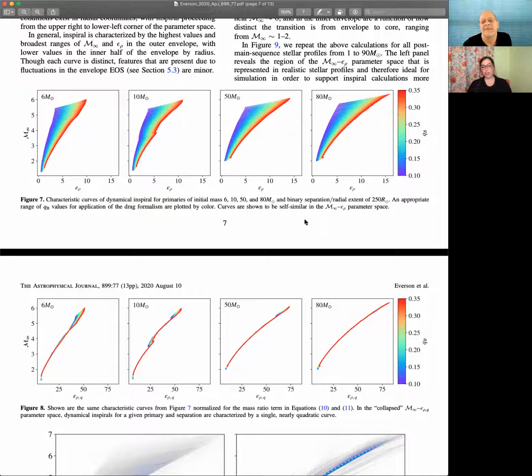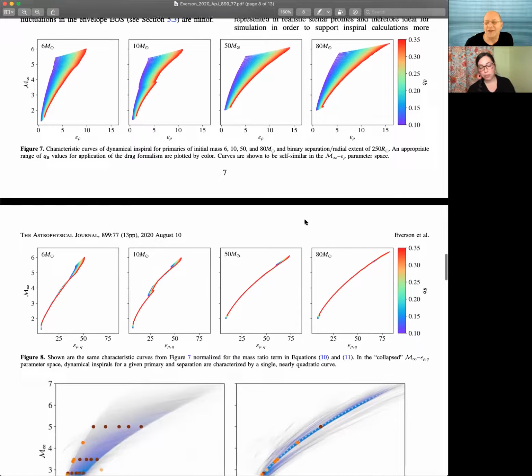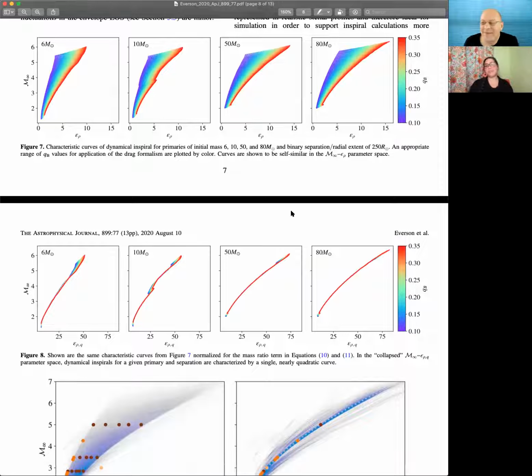So if we look at this new quantity, which I've called epsilon rho q, which is dividing your characteristic curve by the local q term. Okay. That's in the polytropic expression from the 2017 paper. They collapse beautifully into this line, right? But they collapse such over and over and over again.